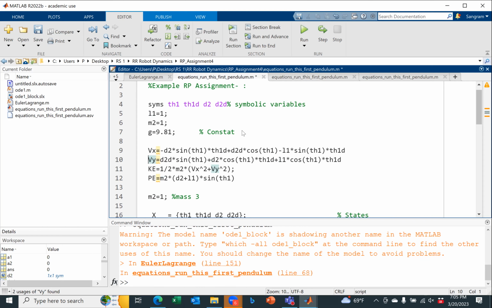If you look at the velocity in x direction, and you look at the velocity in y direction, the total energy is 1/2 m vx square plus 1/2 m vy square.